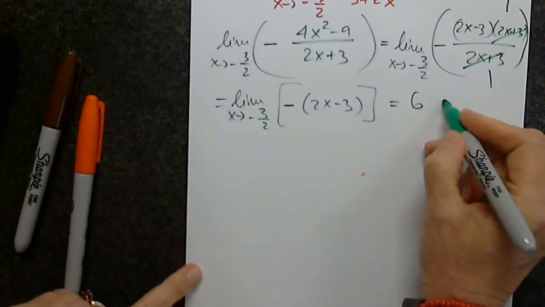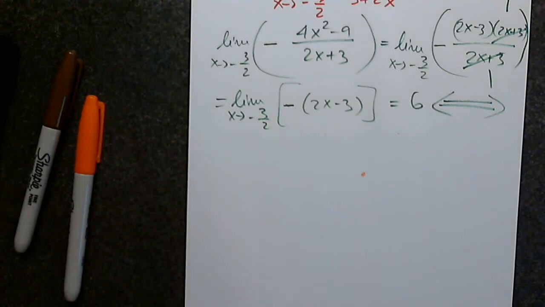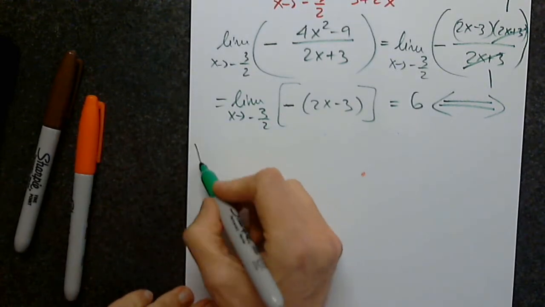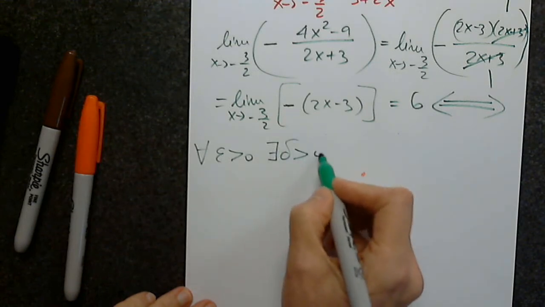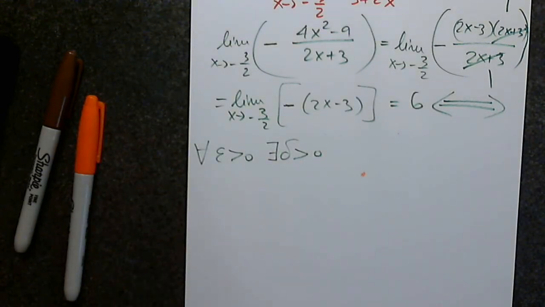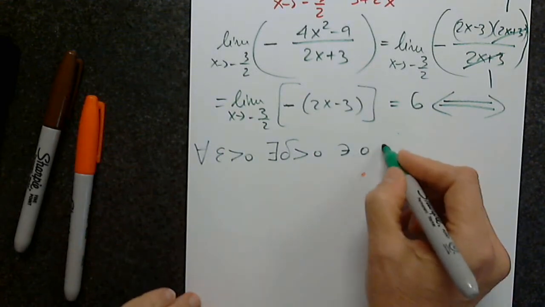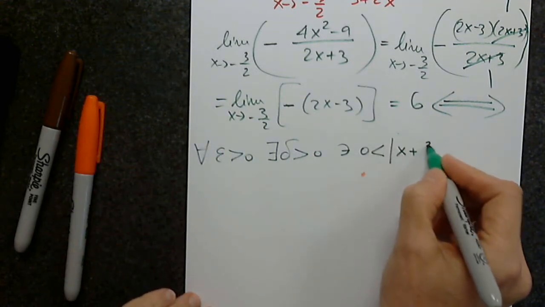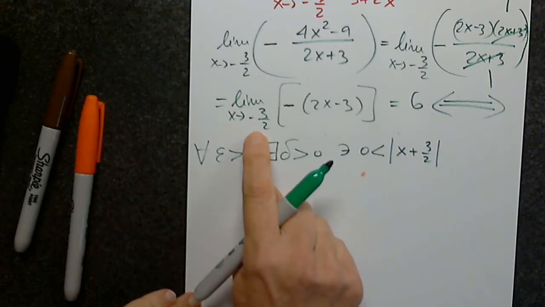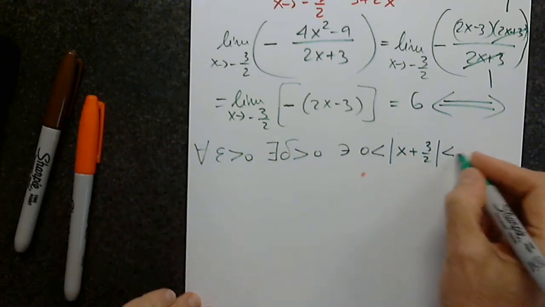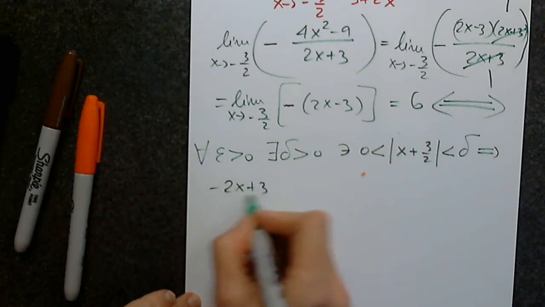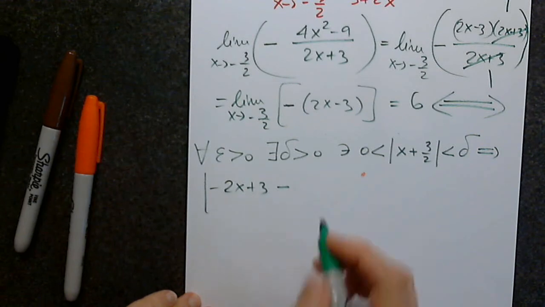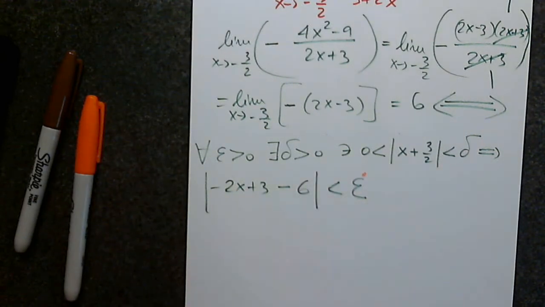Therefore, I will write the double equivalency symbol. And I would say for every epsilon greater than 0, I will always find the corresponding delta positive such that every time I pick x very close to negative 3/2, the absolute value of f of x minus 6 will be less than epsilon.